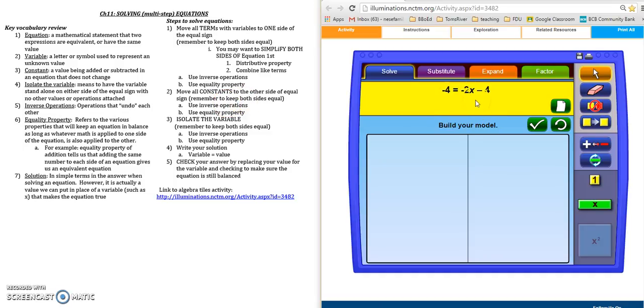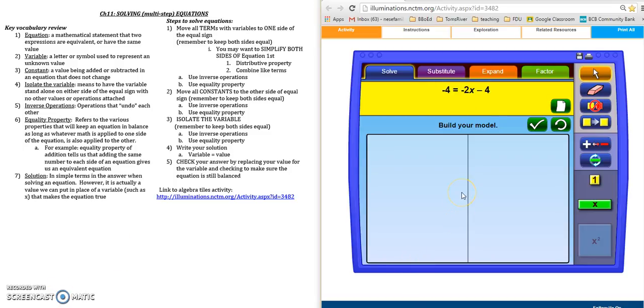So when we look here, we're focusing on this term. This is the term with the variable and the constant. And we have -4 on this side, and we want to remove it to get it over to the other side. So we are going to use this model. We're going to build the model, and then it will show how to help move the constant to the other side so that we're only left with the variable.